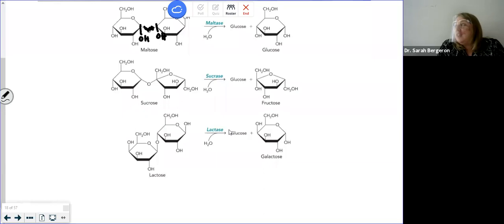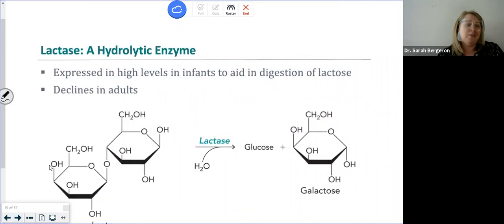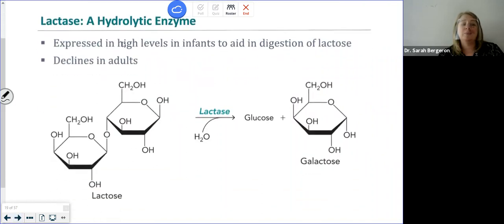You don't make the enzyme that can break down lactose, which is lactase. You don't make it anymore because you don't need it anymore, right? And so that's why people become lactose intolerant, right? Lactase is expressed in high levels in infants always, so that infants can digest lactose. But as we get older, it declines.